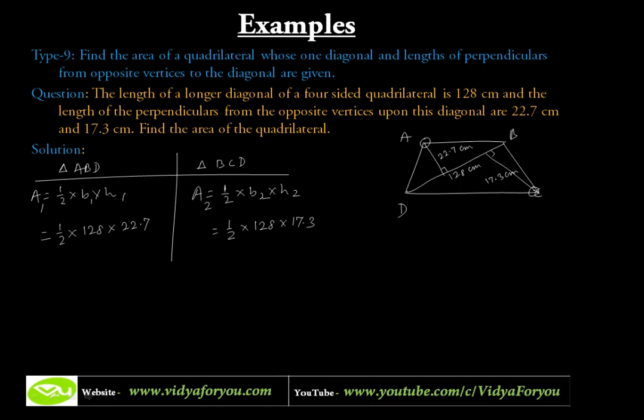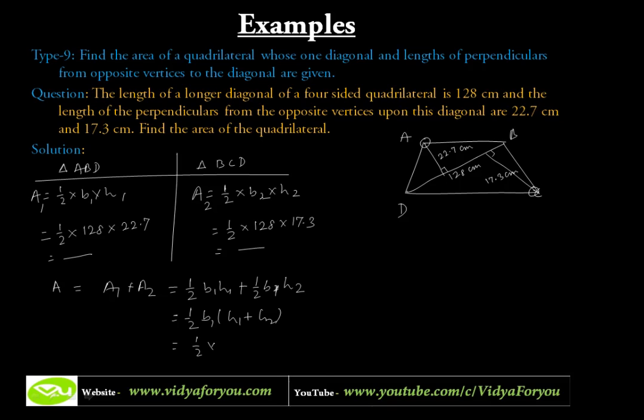Now you need to add it. So let's not solve this immediately over here. Just try to add. Area will be A1 plus A2 is equal to half B1 H1 plus half B2 H2. B1 and B2 are same, that's why I have written B. So it's half B into H1 plus H2.